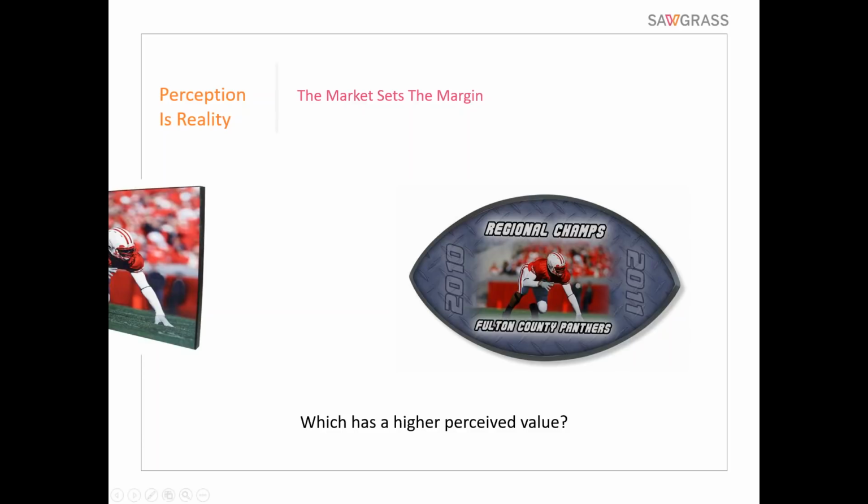I will say the substrate on the right could cost more than the choice for the one on the left. But let's say we paid a little bit more for the substrate here on the right. We took some time to put some things in. Ideally, this would have his name instead of just regional champs. I guarantee you can sell the one on the right for more than the one on the left, because of perception of value.